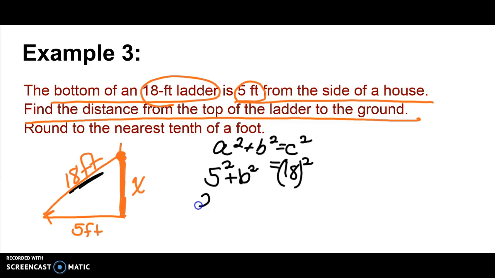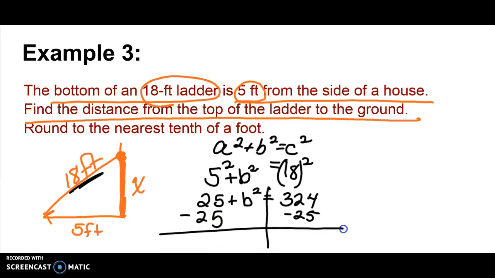At this point, you should be able to solve this. 25 plus b squared equals 18 squared. It's not one I have memorized. 324. Get b by itself, so subtract 25 from both sides. Those cancel. You get b squared equals 299.